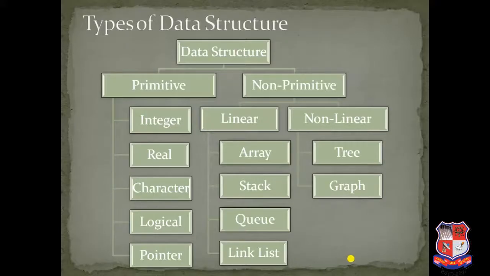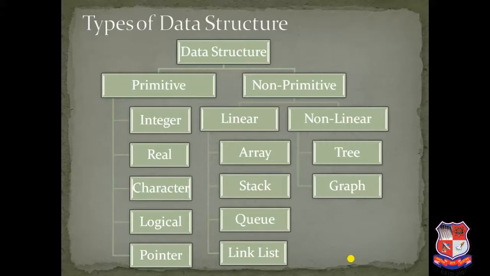Here are the types of data structure. Data structure can be divided into 2 types, that is primitive data structure and non-primitive data structure. Primitive data structure contains integer, real, character, logical, and pointer kinds of data structure, whereas non-primitive data structure is further divided into 2 categories, that is linear data structure and non-linear data structure, depending upon its representation.